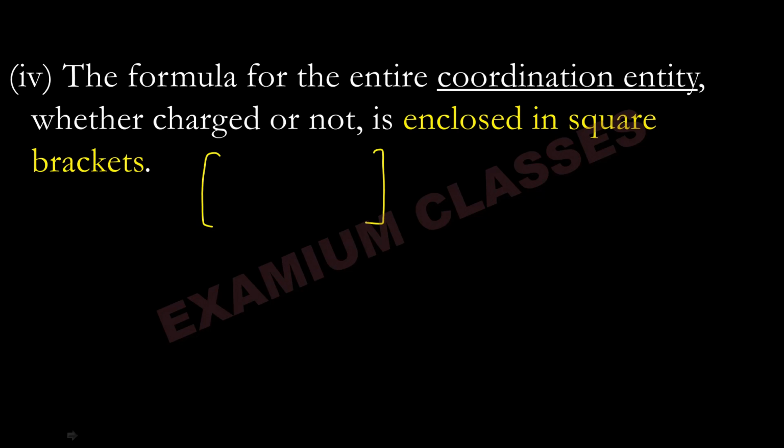It means nothing was outside the square brackets. Everything was inside the square brackets. If that is the case, there won't be any charge on it. But otherwise, if you have 2Cl minus outside, a 2 plus charge will be there. So this coordination entity can be neutral, or may have some charge.